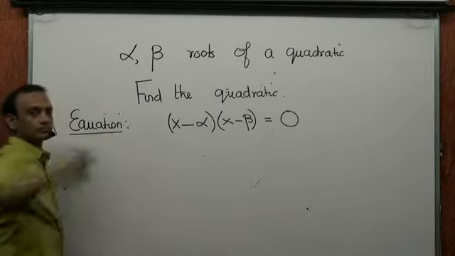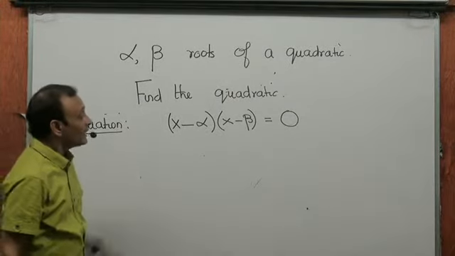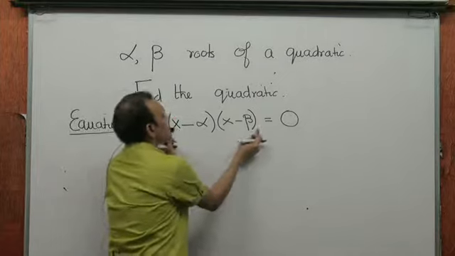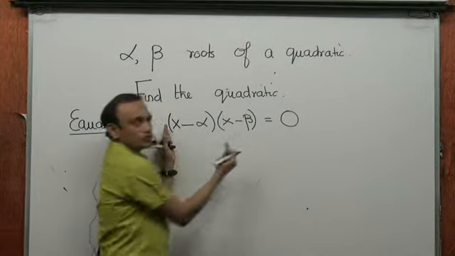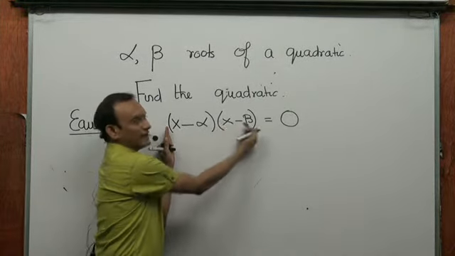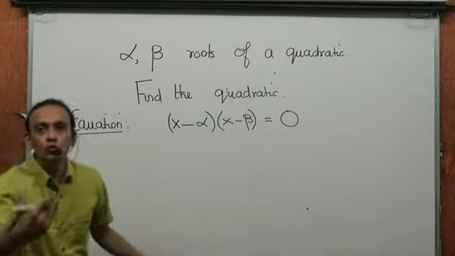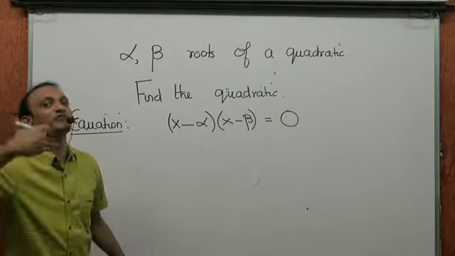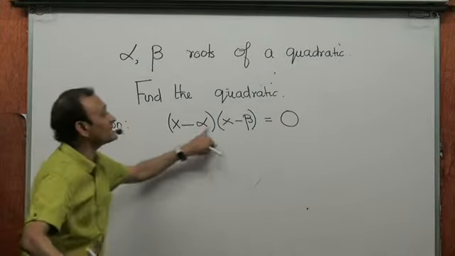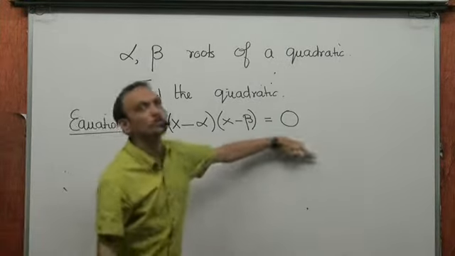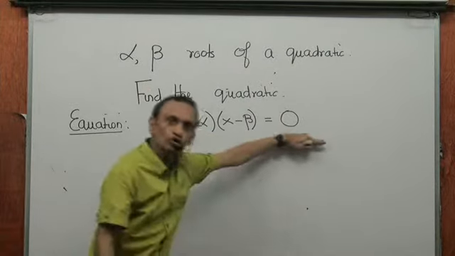It's an equation, right? And this left hand side will become equal to 0 at x equal to alpha and at x equal to beta. Which means this is a statement which is true for x equal to alpha and for x equal to beta. That means alpha and beta are the roots of this equation.